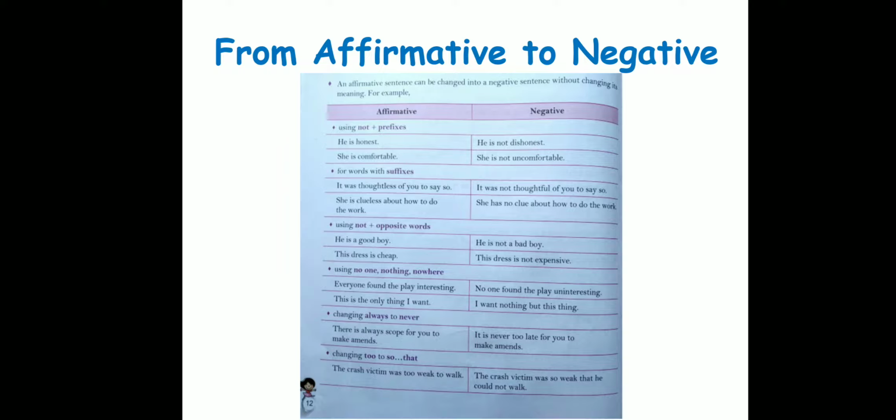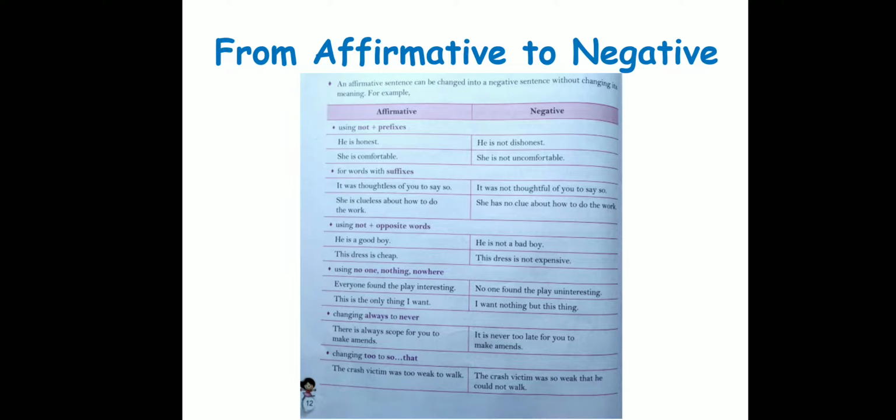Alright. Next one. This is the only thing I want. Okay, so there is only one thing that you want. How will you change this? I want nothing but this thing. Okay, nothing. See, no is over here in nothing. That makes it negative. I want nothing but this thing.